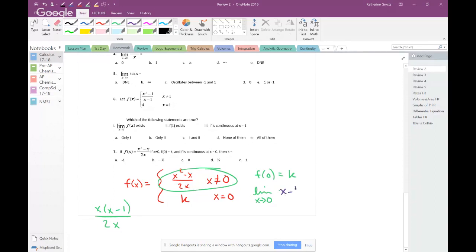So that's what you would plug 0 into. You get negative 1/2. And then for continuity, the definition of continuity said this answer and this answer have to be the same answer. Okay. Gotcha.